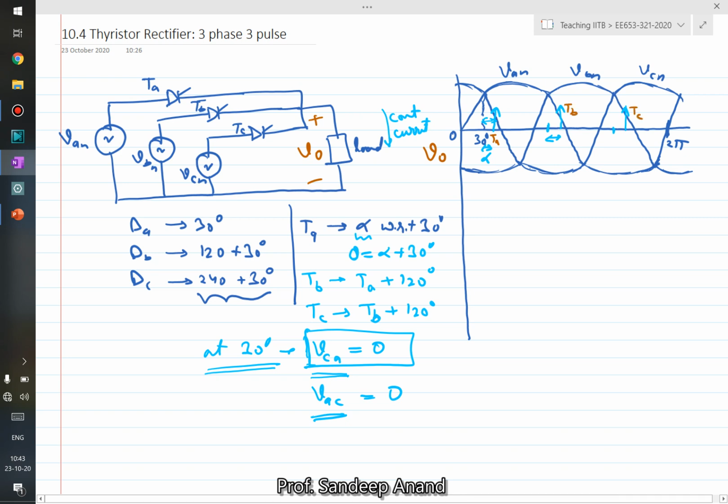Immediately after TA is fired, you see that VAN is at the highest potential, highest voltage. Therefore, the anode of TA is at the highest potential among the three, and TA is fired.